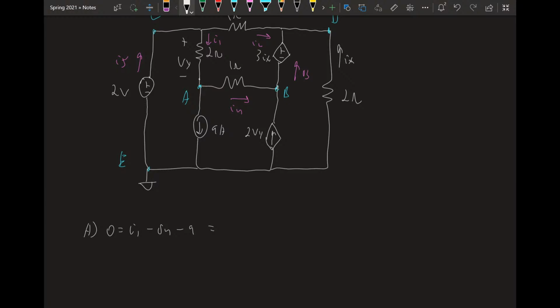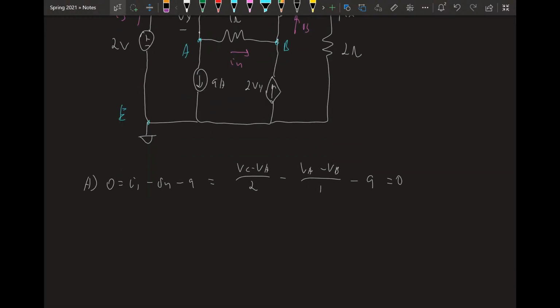When you write it all out, I1 is going to turn to VC minus VA over 2. I4 is going to be VA minus VB over 1. And minus 9 is just minus 9. Nothing's changed there. That's A done.